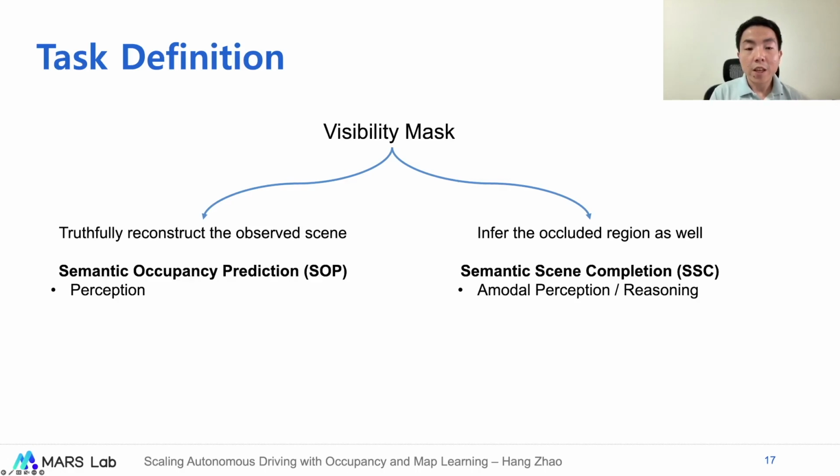On the other hand, if our goal is to infer the occluded region as well, it becomes a semantic scene completion task, which is regarded as amodal perception or reasoning. This is useful for downstream tasks like prediction and planning. Let's say we only see part of a car due to occlusion. We should still estimate its full scale for safe future interaction and navigation.